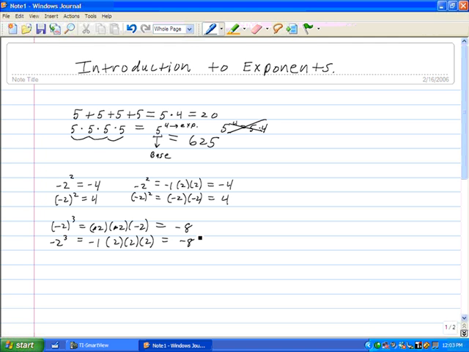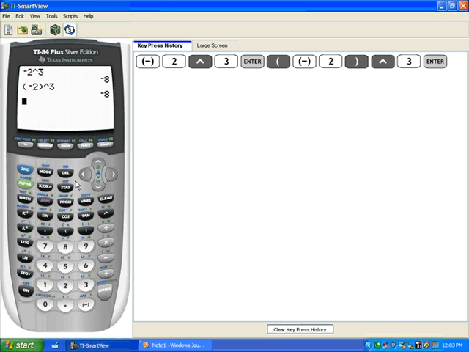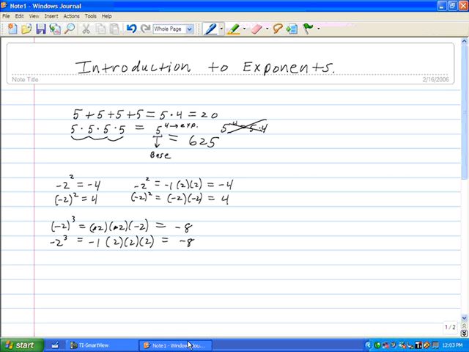Get the same answer, but for a different reason. So with your negatives, when you're using the calculator, make sure you remember to use the parentheses when they should be used, and when you're working it by hand, make sure you understand what happens with these negative signs.